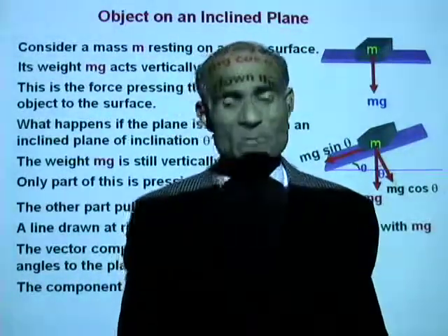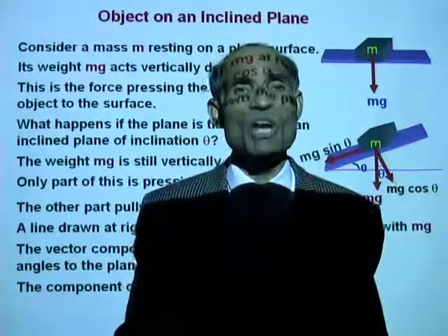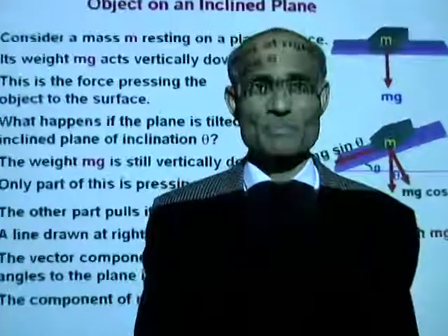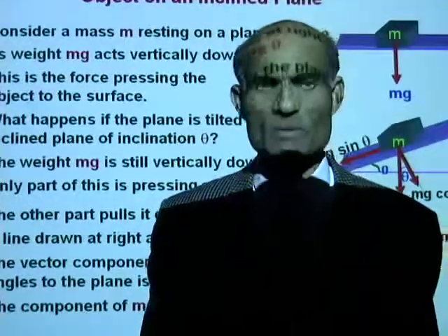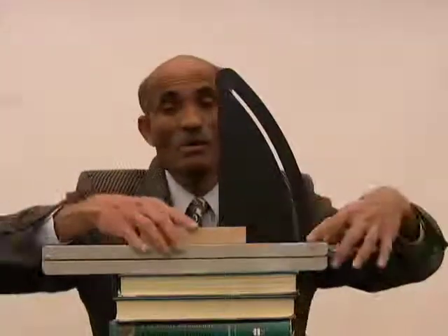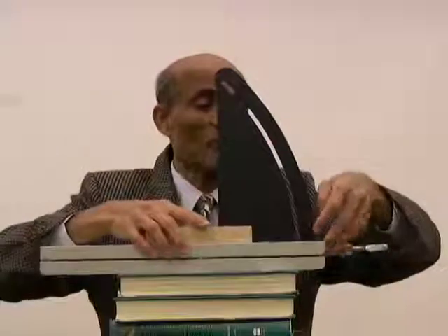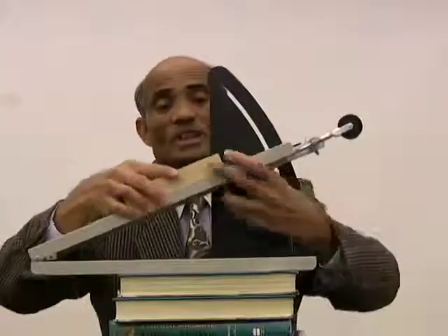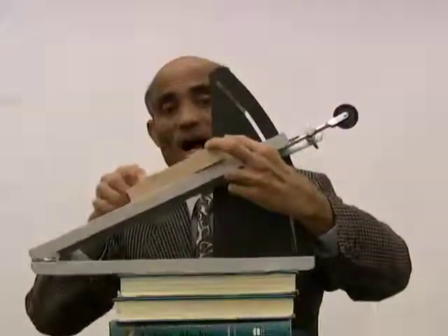Alright? Let me bring back my inclined plane and let's have a look at it. Well, now here is the inclined plane. What is the direction of the weight? The weight will be acting vertically down.